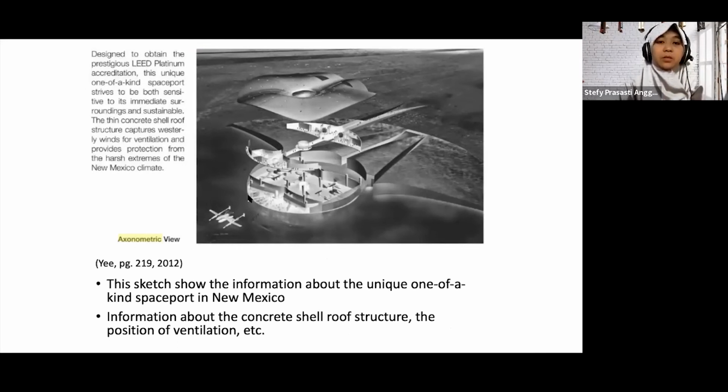And in this drawing, we can see the information about the concrete cell roof structure and the position of the ventilation, and maybe the structure or the order of the rooms in this building or in this design.